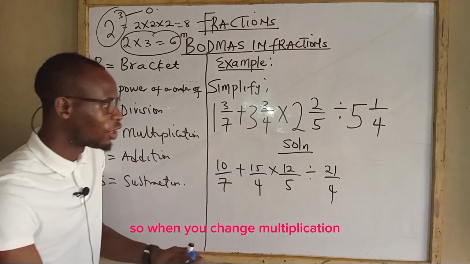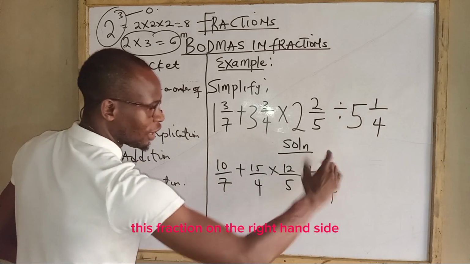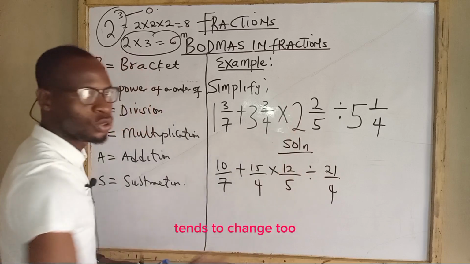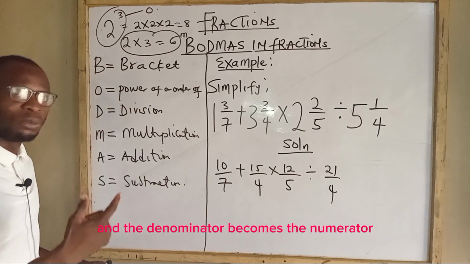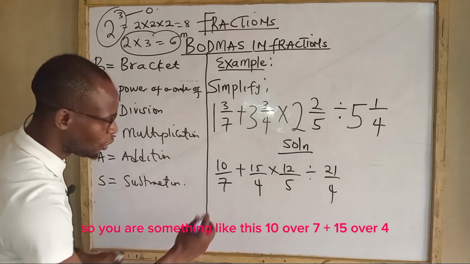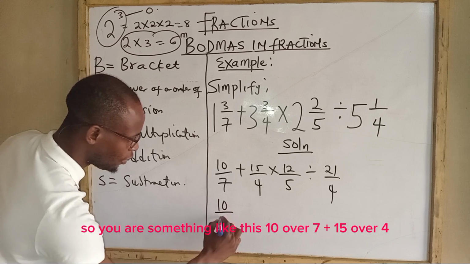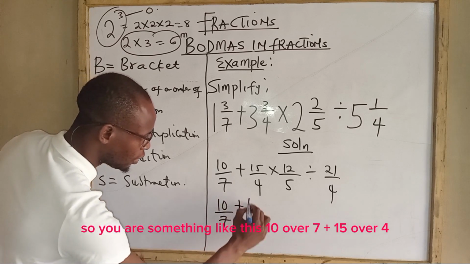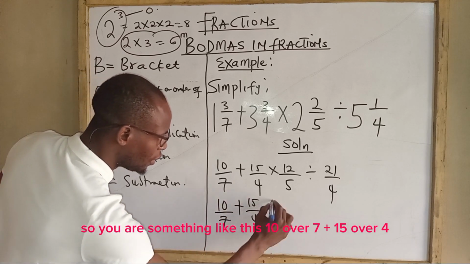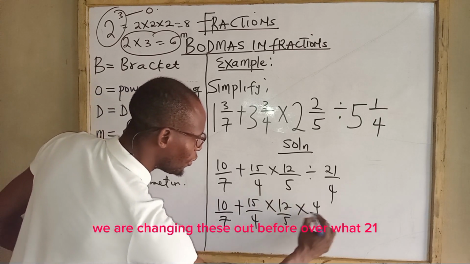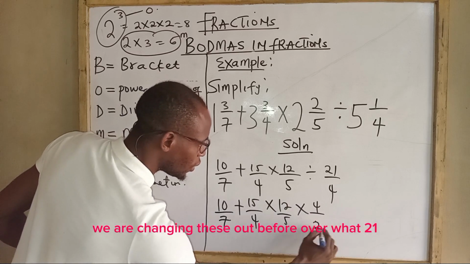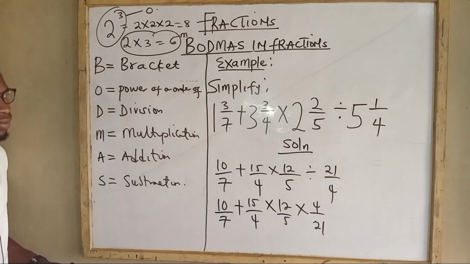When it changes to multiplication, the fraction on the right hand side tends to change too. That is, the numerator becomes the denominator and the denominator becomes the numerator. So you have something like this: 10/7 plus 15/4 multiplied by 12/5. Don't forget we are changing this. That will be 4/21. That's what we have.